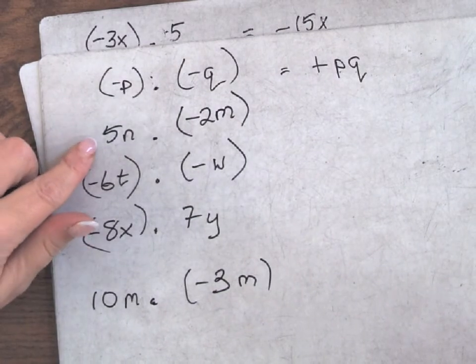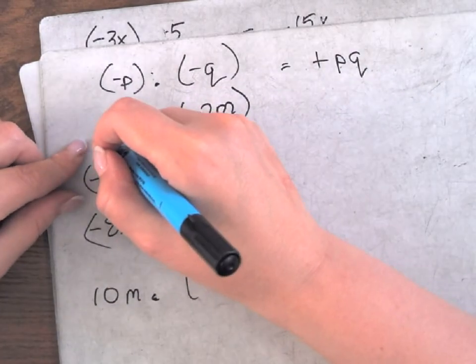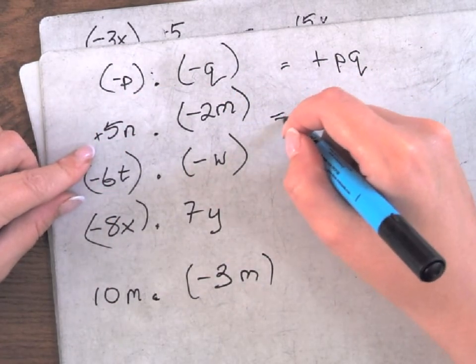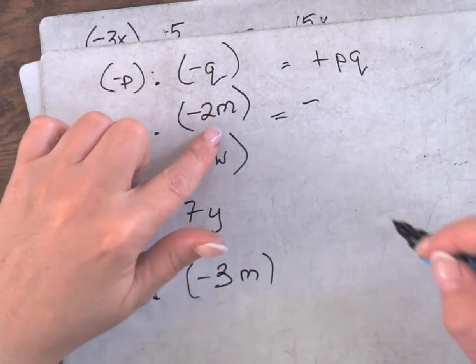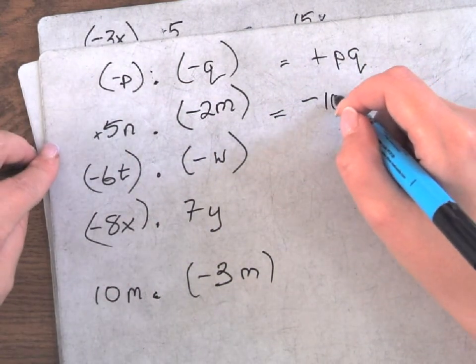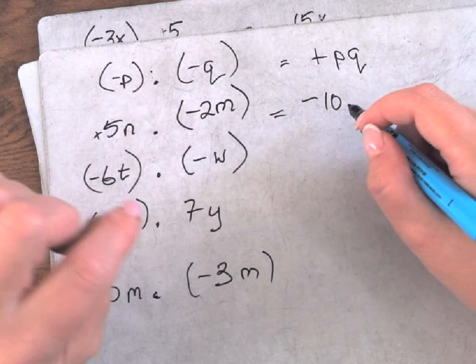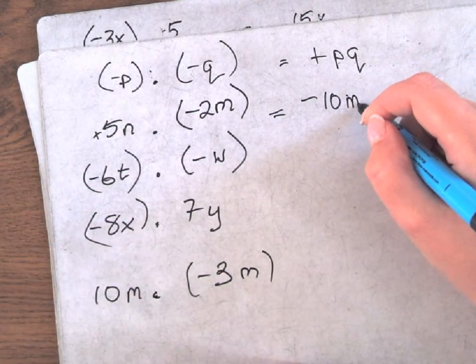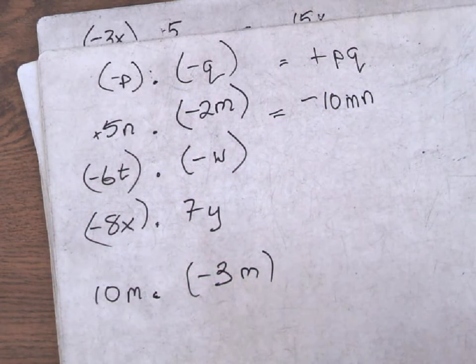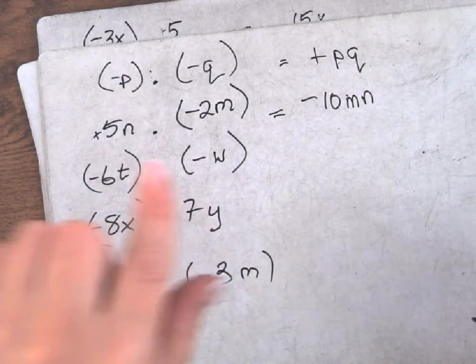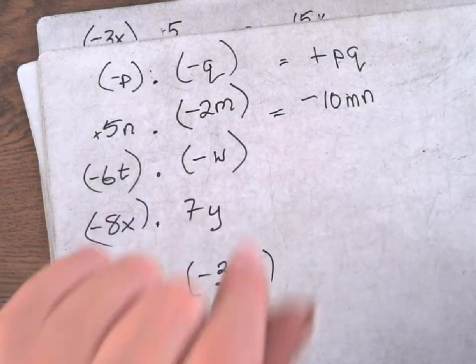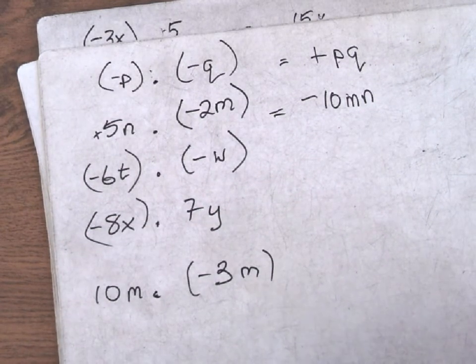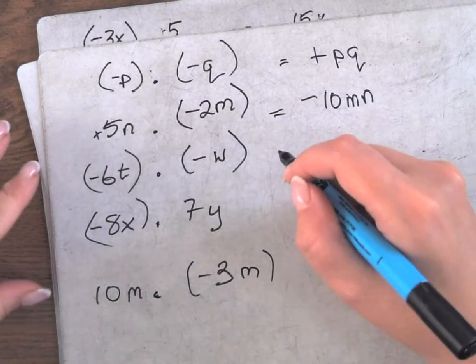Okay, a plus, remember no sign, a plus by a minus is a minus. 5 by 2 is 10. And M by N is MN. I'm just writing them in alphabetical order. But if you wrote NM, right, that's the exact same thing, so it's correct. Okay? I'm just writing them in alphabetical order because that's the way they do it in the back of the book. Is that okay? Right, next one.